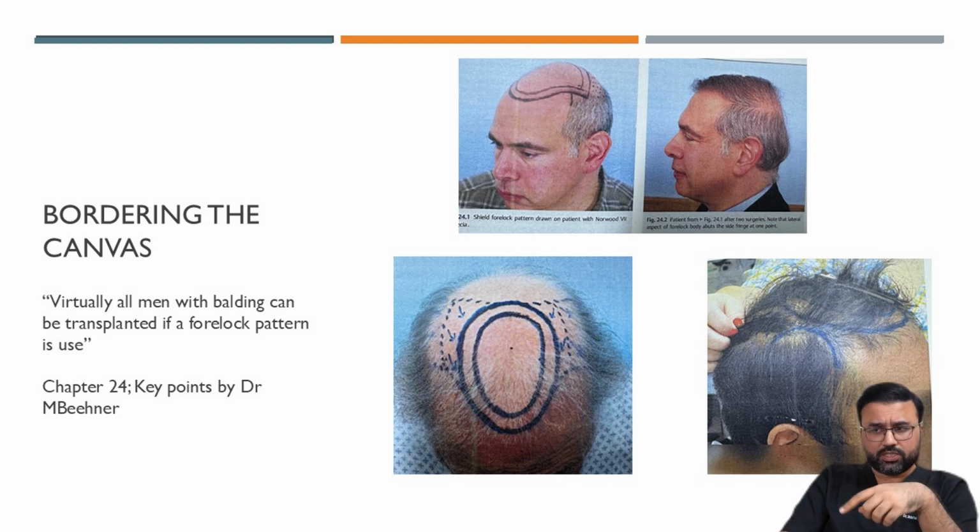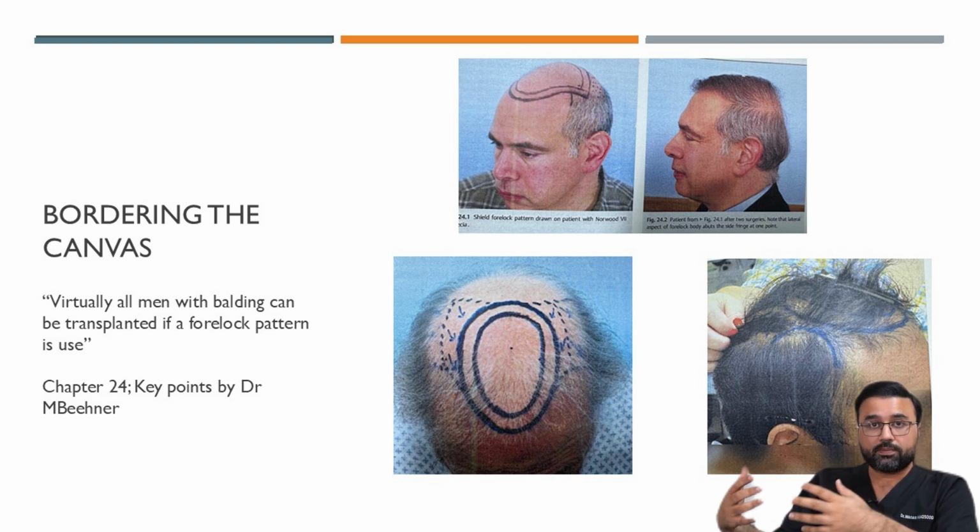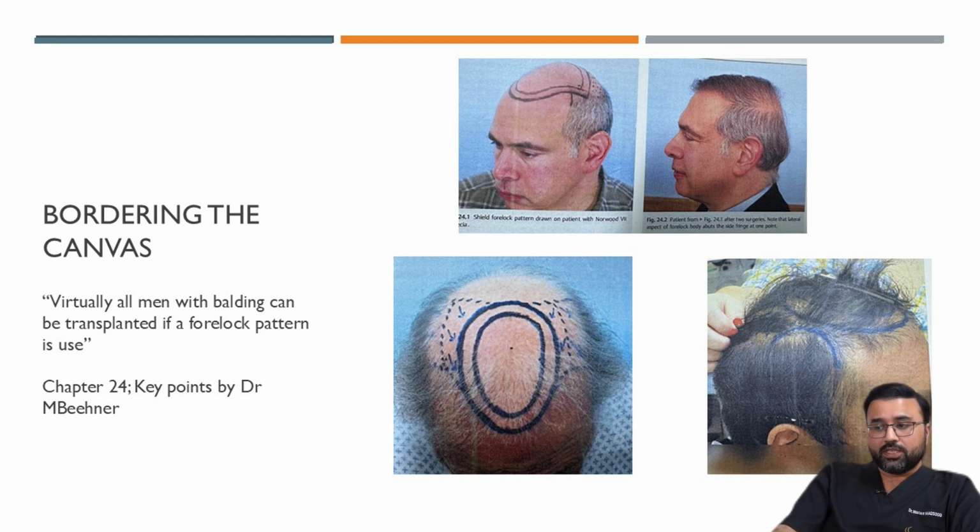If you see in these pictures the four-log patterns, the hemi-oval four-log patterns and the parietal humps, this means that if we border the canvas in a proper shape, then we can get a cosmetic and natural looking hair transplant.